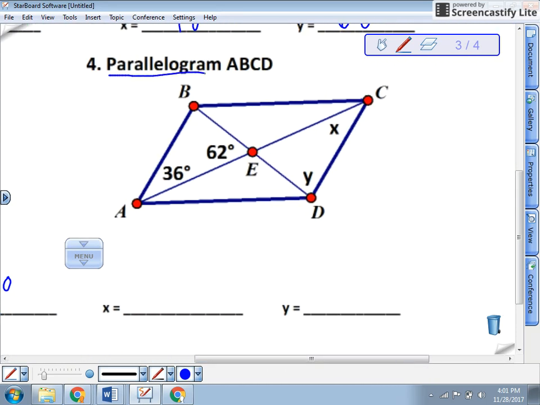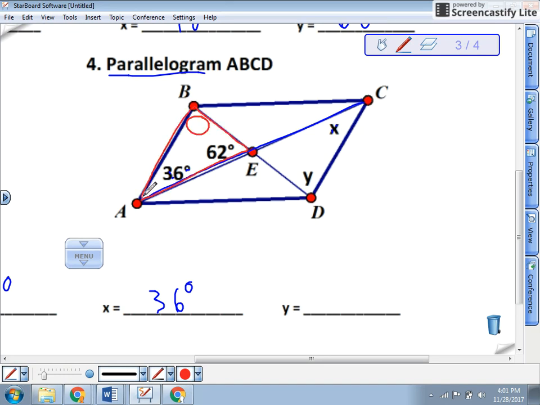This one will be a little bit more involved, all right? If we want to find x and y, well, I can tell you that x, all right, again, alternate interior angles. Here's our transversal. So x is going to be 36 degrees. Now, how are we going to find y? Well, we're actually going to look right here. If you notice, we've got a triangle.